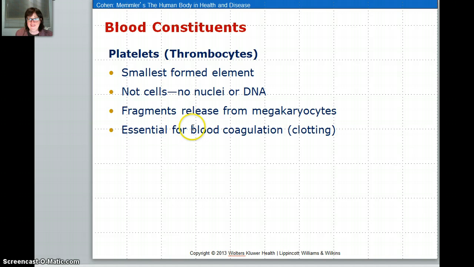And they are very essential for blood coagulation or clotting. We'll talk briefly about clotting, although it is a very large, complicated process with basically 2 pathways, 12 clotting factors. We're going to look at it pretty simply.